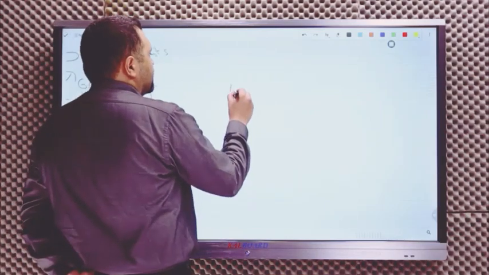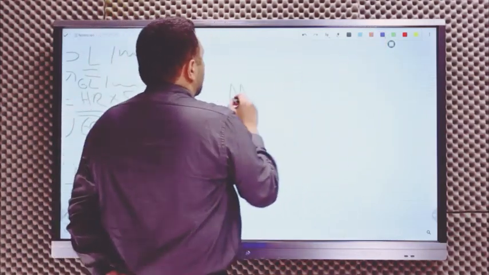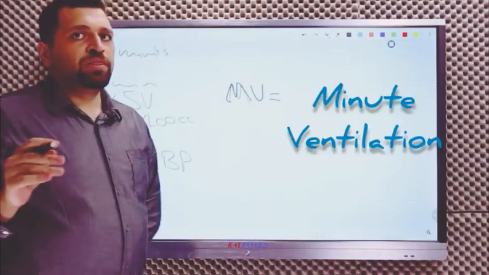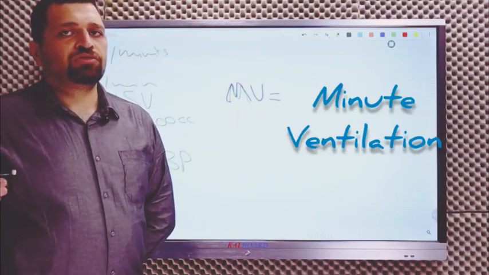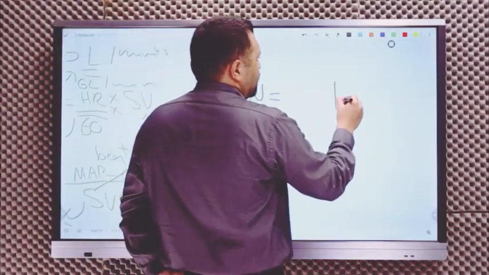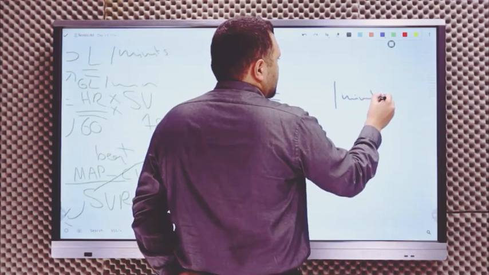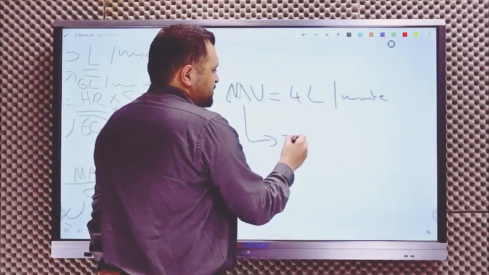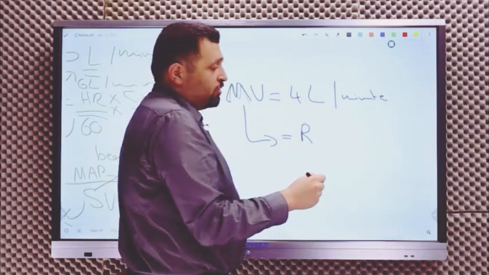We have something called minute ventilation, which is the volume the lung inhales or exhales in 1 minute. So it's a volume also. Let's say 4 liters per minute. What's the equation? It's very similar to the cardiac output.